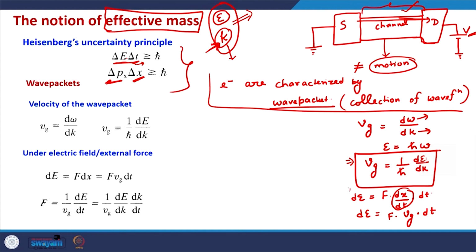This implies that F will be equal to 1 by Vg dE by dt.